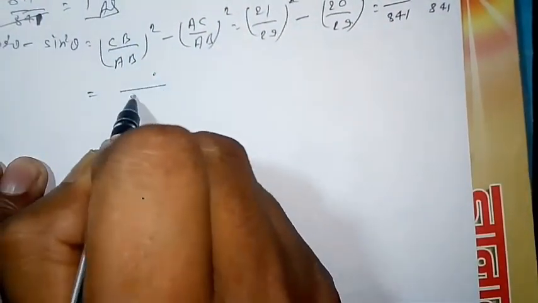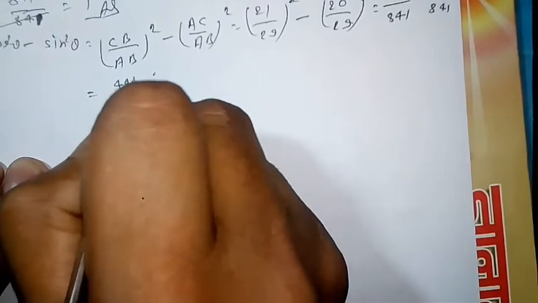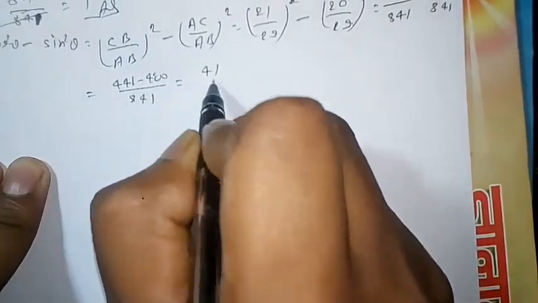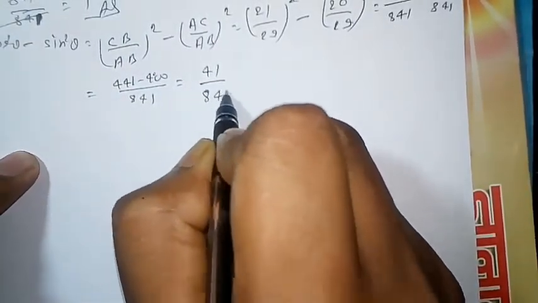LCM is 841, 441 minus 400 is equal to 41 by 841. Answer.